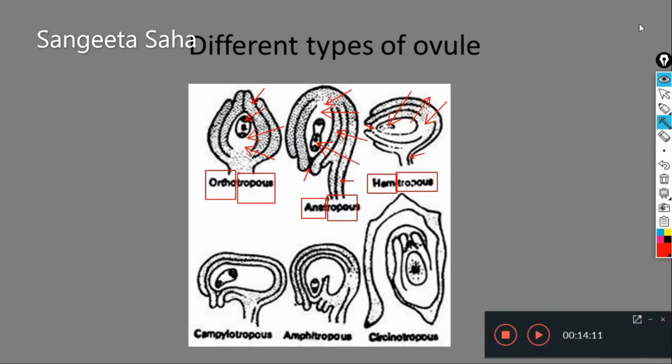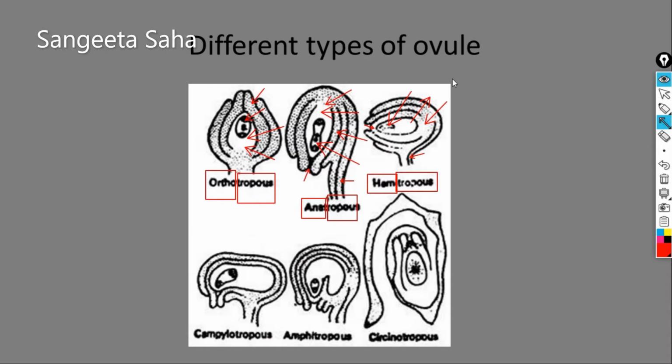Now in hemitropous, the body of the ovule is placed transversely, somewhat at right angle to the funicle, like this. Here the chalaza and the micropyle are in one straight line, and this is found in Ranunculus.